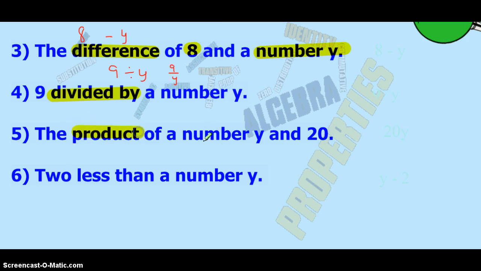Product, the product of a number, which is y, and 20. We know that product means that we're going to be multiplying. And the two things that we're multiplying here are y and 20. So there's lots of different ways that this one can be written. The most common is going to be 20 with a y beside it, so a coefficient of 20 with my variable of y.